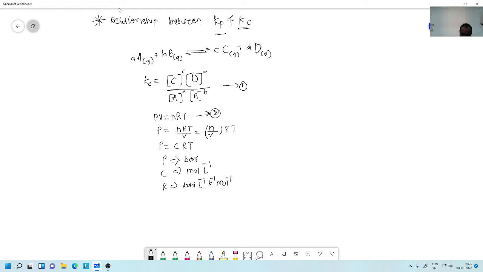T is the temperature, which as we know is always expressed in Kelvin. And V is the volume, which is expressed in liters in this equation.